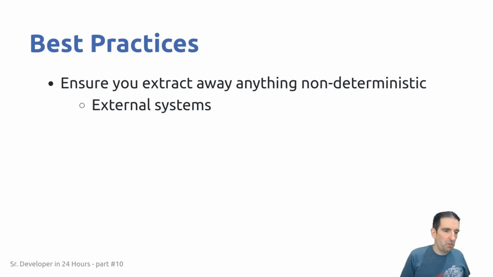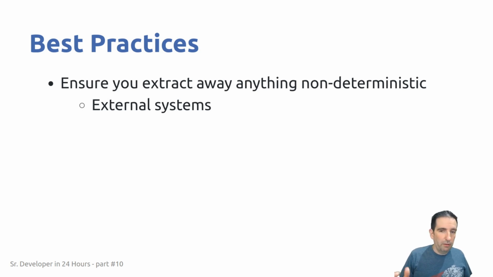In particular, external systems, if we're talking to databases where we don't have full control, databases that we might be sharing with other developers, things like that, those things could be non-deterministic because a developer might come in, they might make some changes while we're running our test, or maybe this other developer is running their own tests. All of those things could affect us. So we want to extract away those external systems.